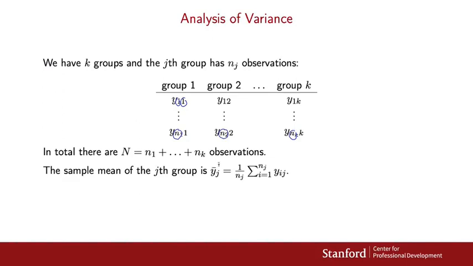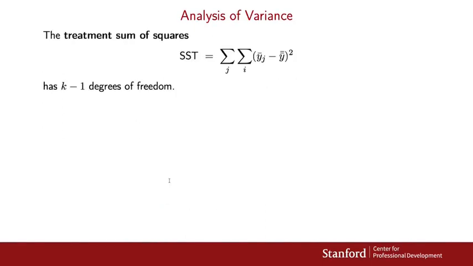Finally, y bar sub j is simply the mean of the jth group. And y bar bar is the overall mean, which is also called the grand mean. The analysis of variance computes 2 important quantities: The first one is called the treatment sum of squares. There, we look simply at the difference of the jth group mean to the overall mean, we square the difference, and then we sum up over all rows and columns.